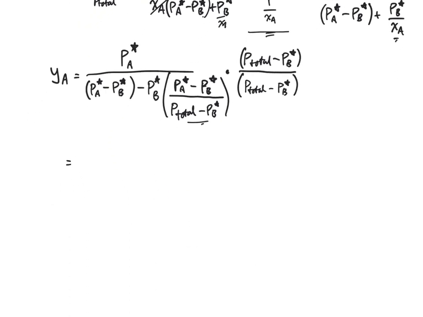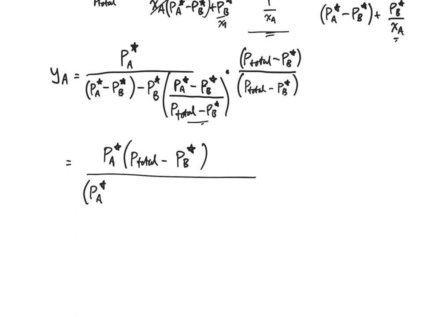And what we get after we do that is PA star times P total minus PB star over PA star minus PB star times P total minus PB star plus PB star times PA star minus PB star.